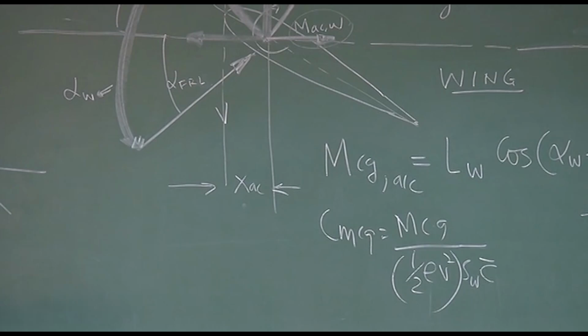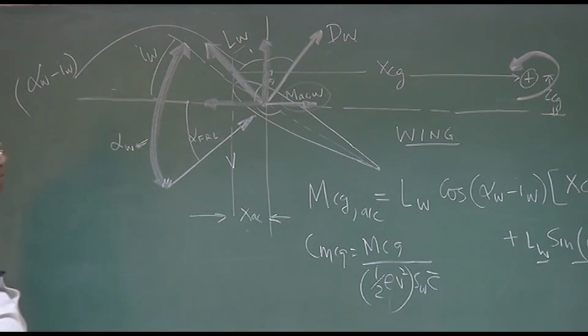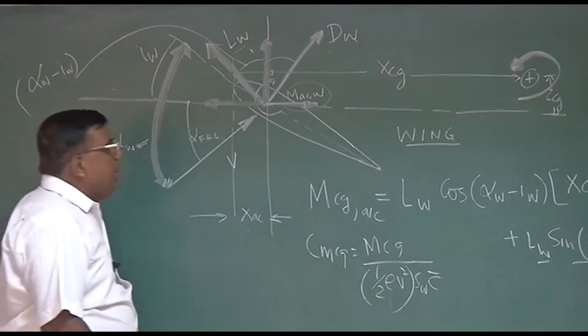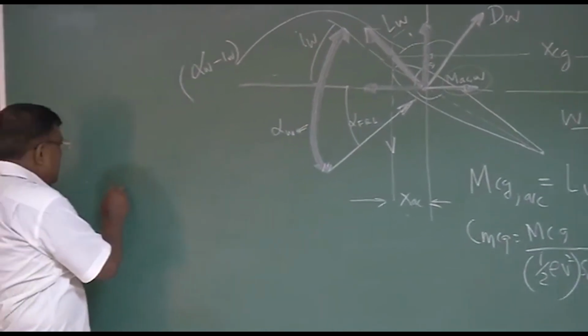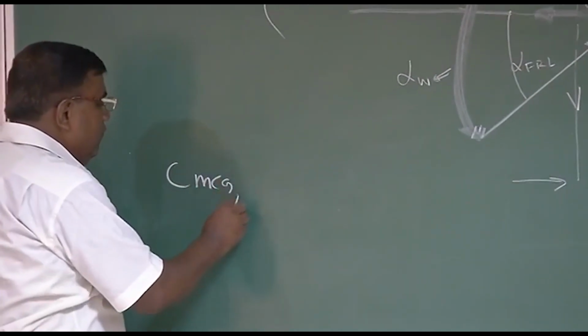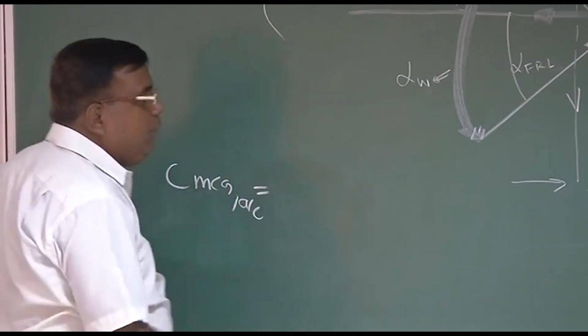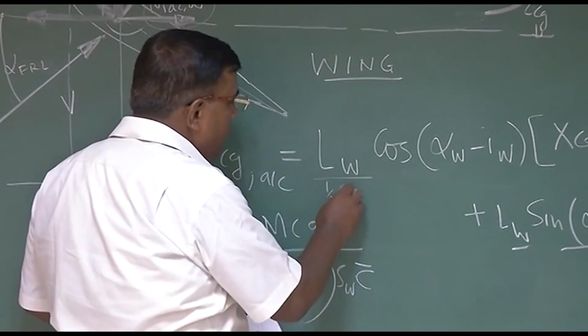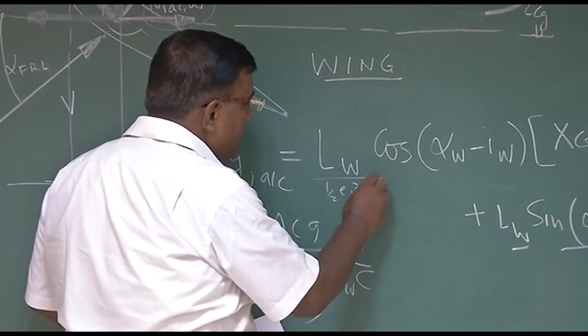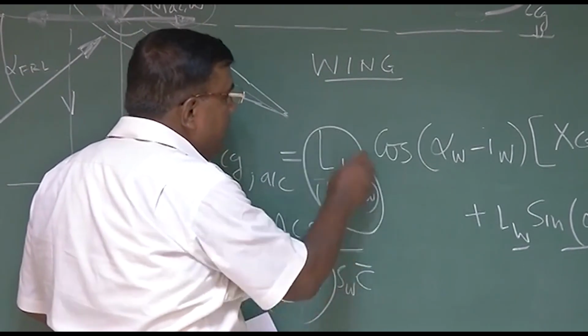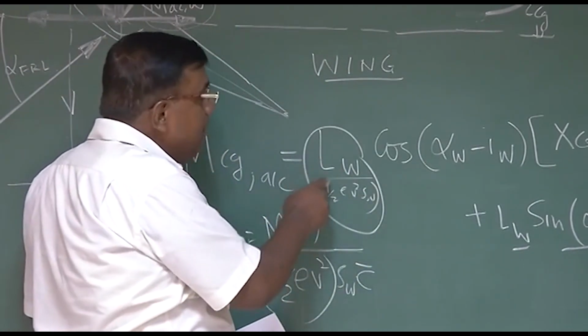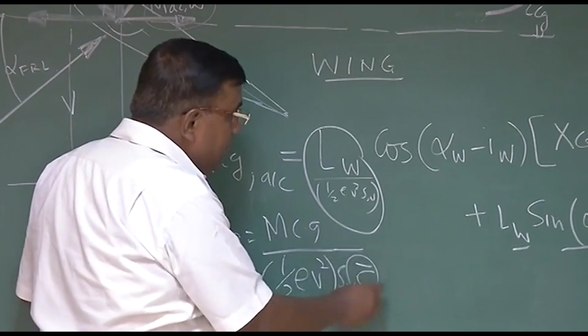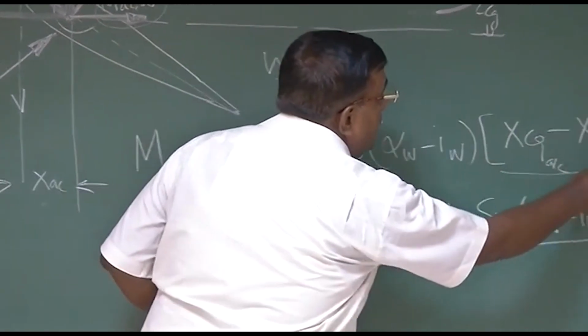So if I divide by half rho V square S W C bar, then MCG will become CMCG, of course of the aircraft. Half rho V square S W will come here, so this will become CL of the wing by definition. Then this C bar, which is left, will come under this.